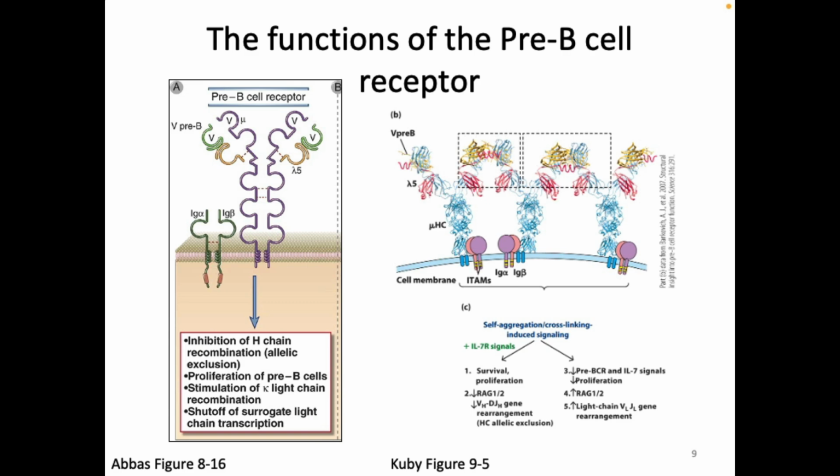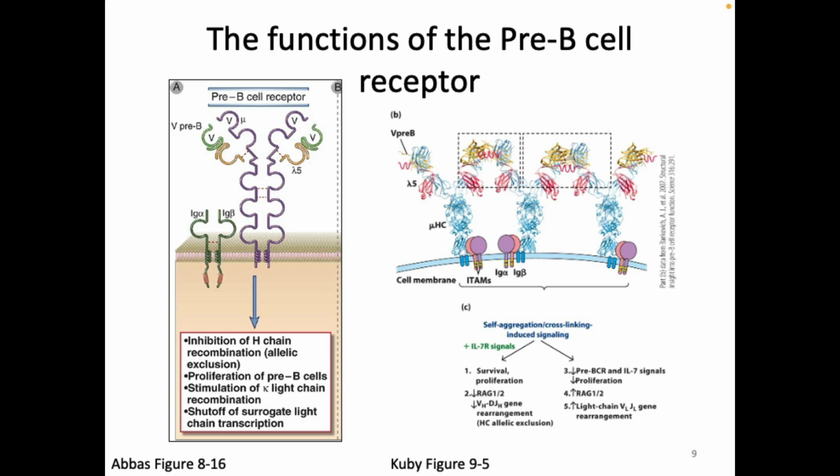And we will eventually turn RAG back on and do our light chain recombination. So all of these things are events that happen in the pre-B cell.